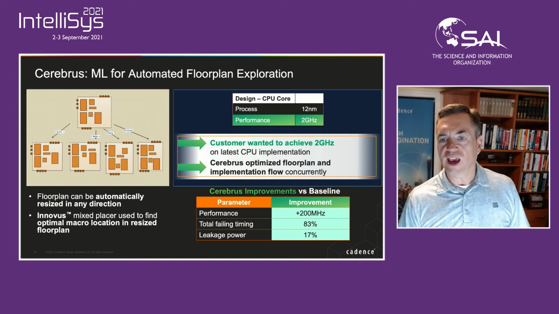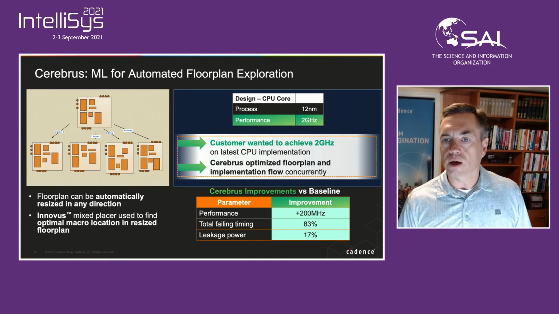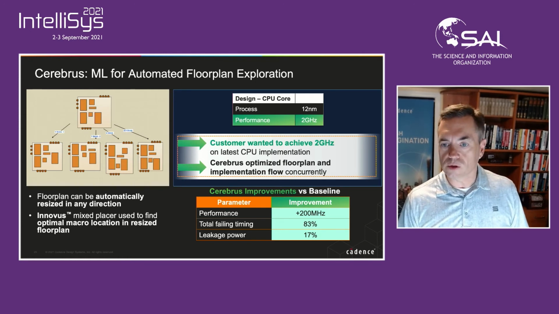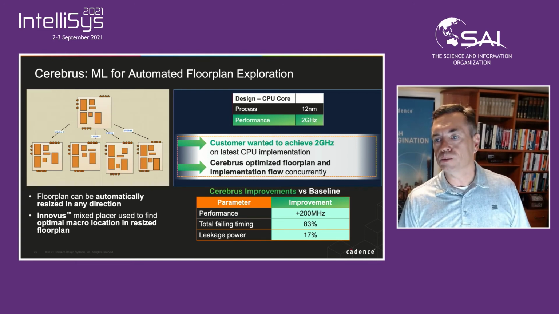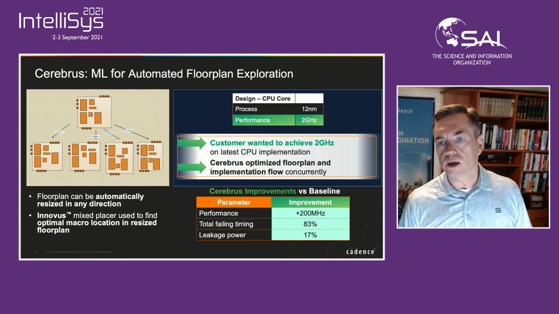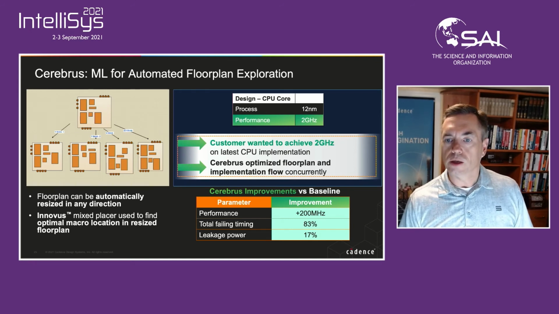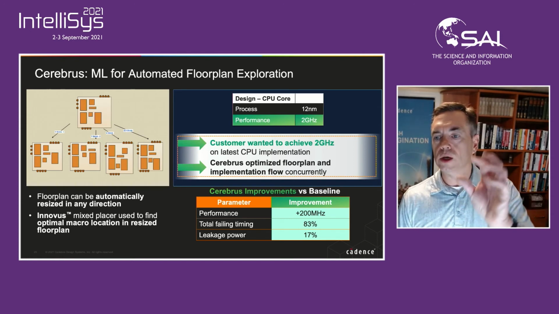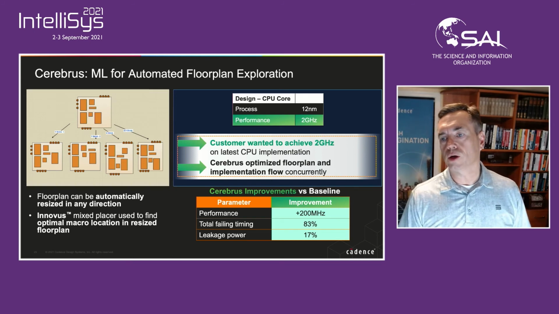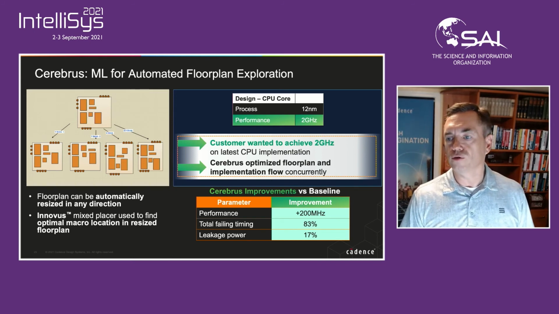In the phase of the floor plan, where you basically put down the different building blocks of your design, Cerebrus also is using the mixed placing technology here to optimize the speed in this particular case by learning the best layout, folding and looking into resizing into various directions, and by using this and then training the network to learn in which direction to explore further.